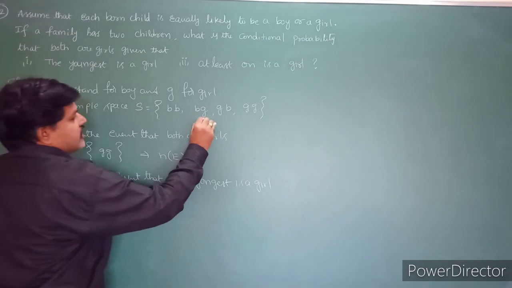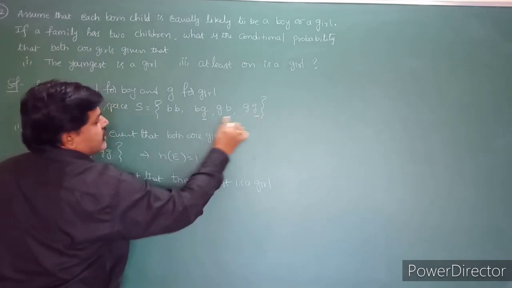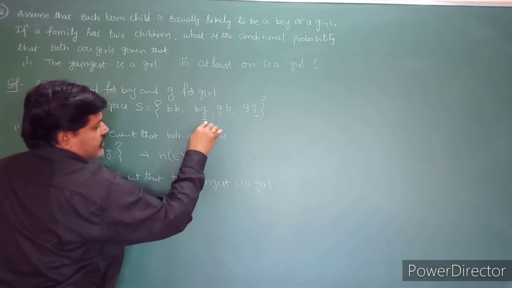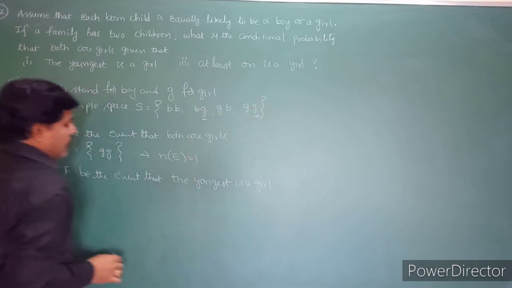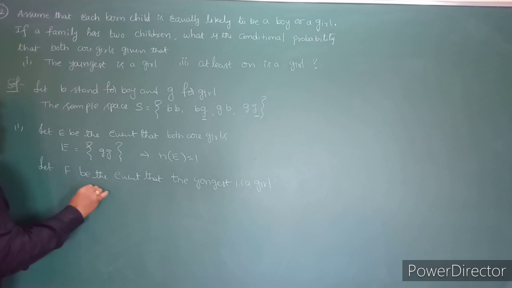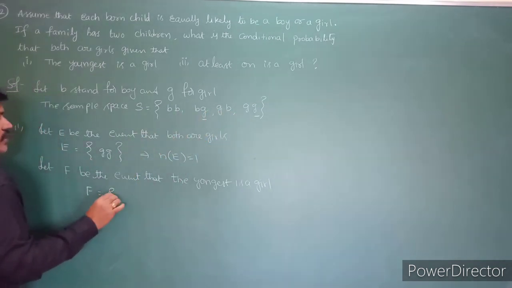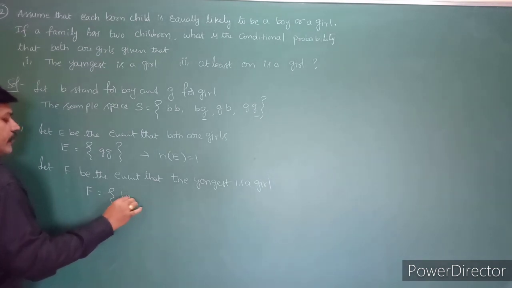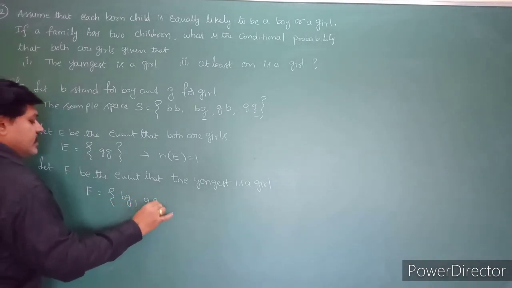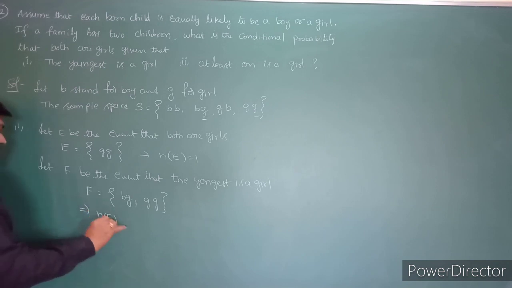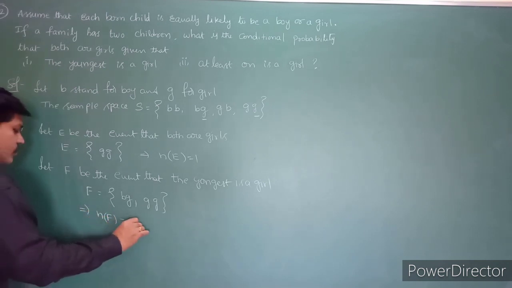The youngest one, that is the smallest one, is a girl here, and the smallest one is a girl here also. Then F is equal to the youngest one is a girl. The events are BG or GG. So that implies N of F is equal to 2.